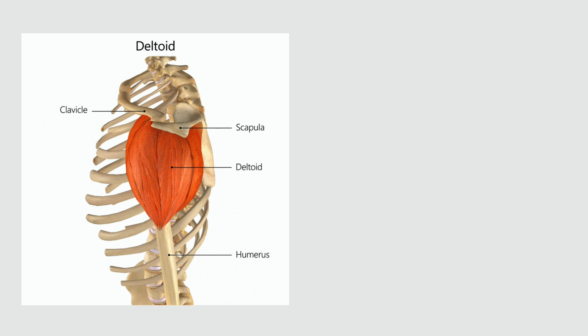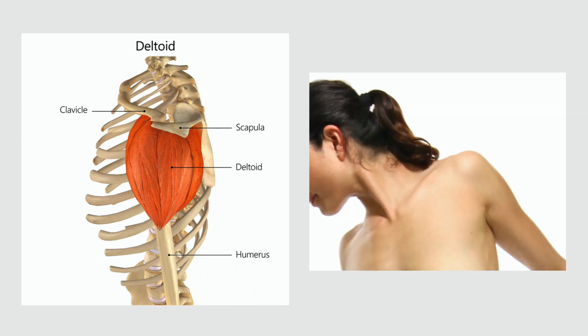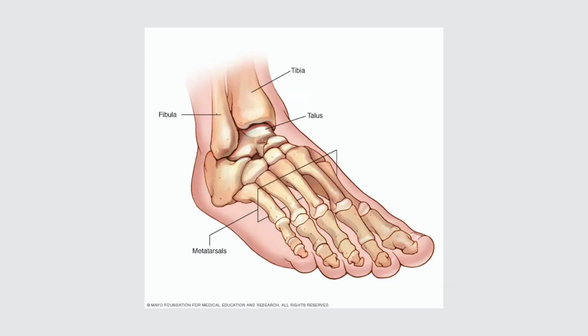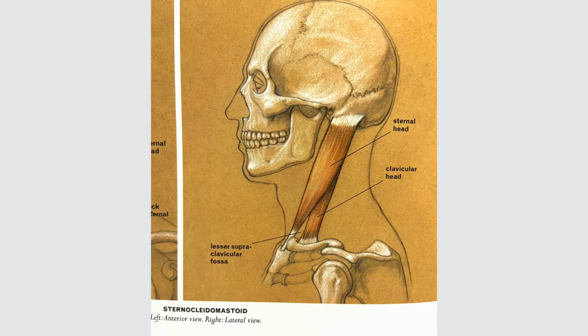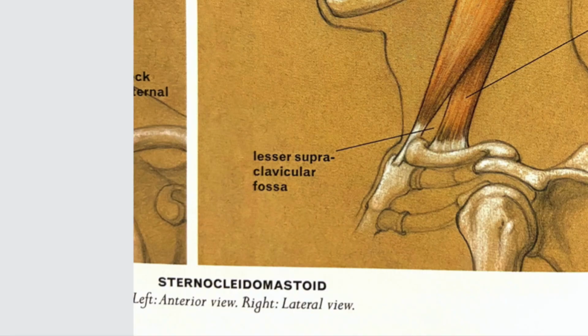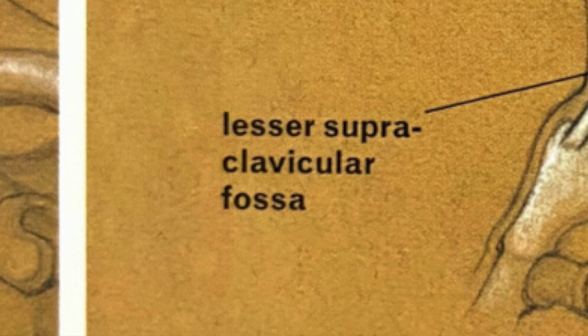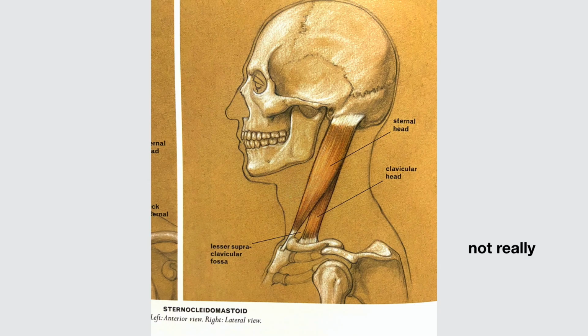Yes, because it's a large muscle group that's visible even on thin figures. Do you need to know every tendon in the wrist, every metatarsal in the foot, or whatever the lesser supraclavicular fossa is? Not really, unless you enjoy punishing yourself.